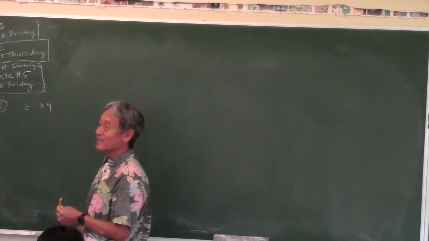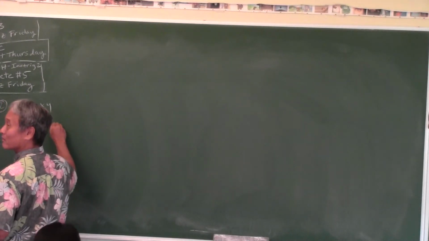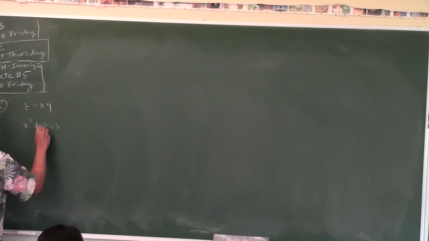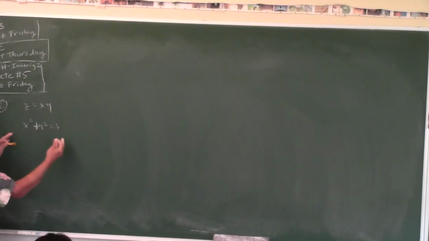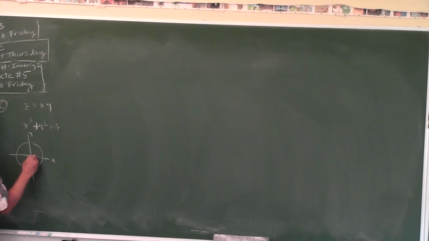Which lies inside of the cylinder x squared plus y squared equals 3. Since it lies above this cylinder, if you smash it down onto the xy plane, that's what it's gonna be, right? X squared plus y squared equals 3. This is omega.